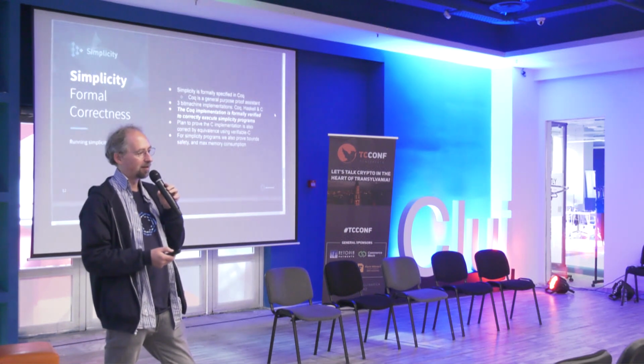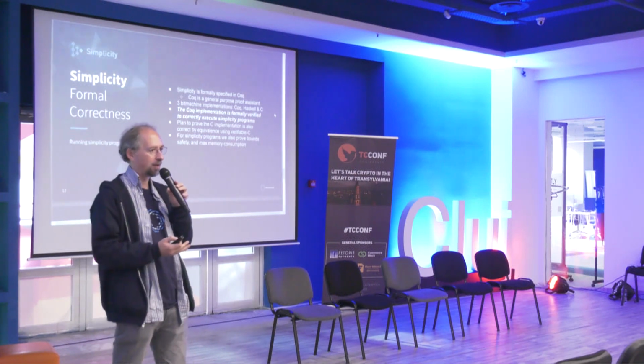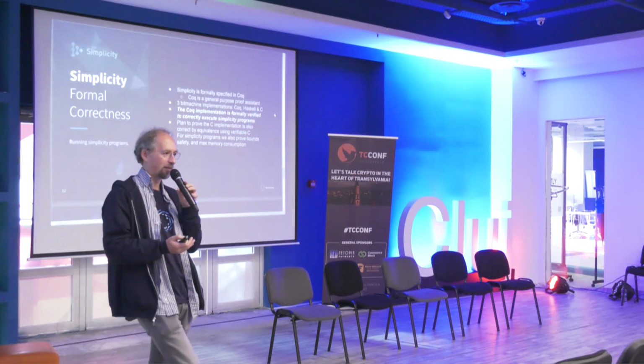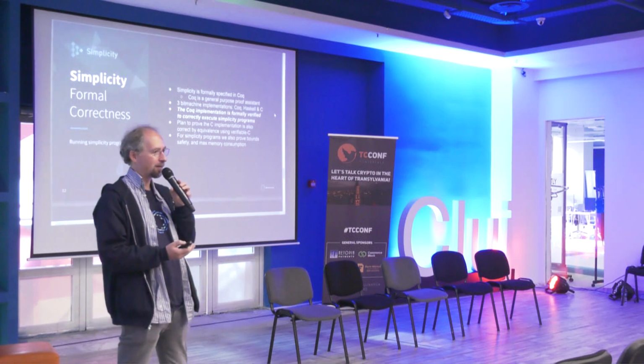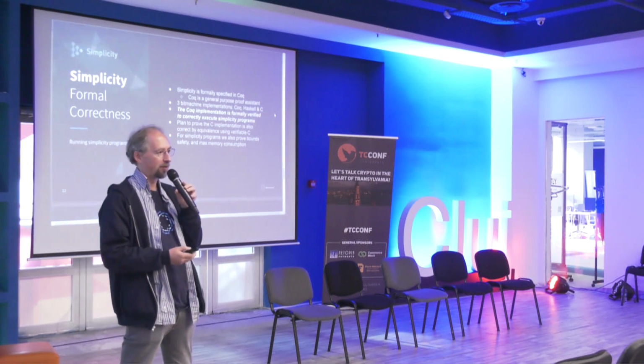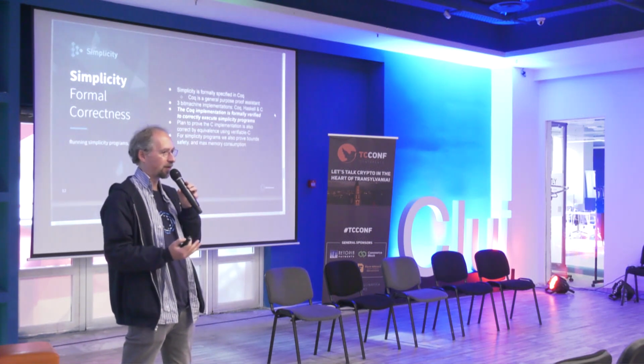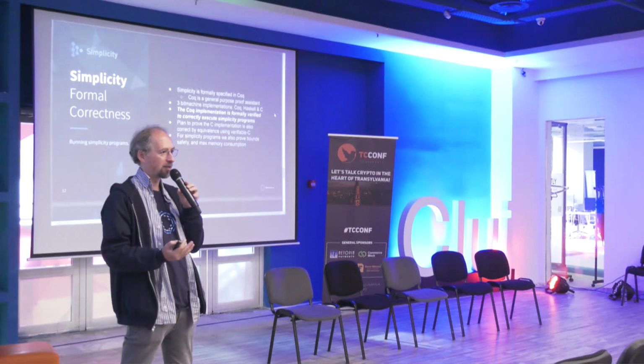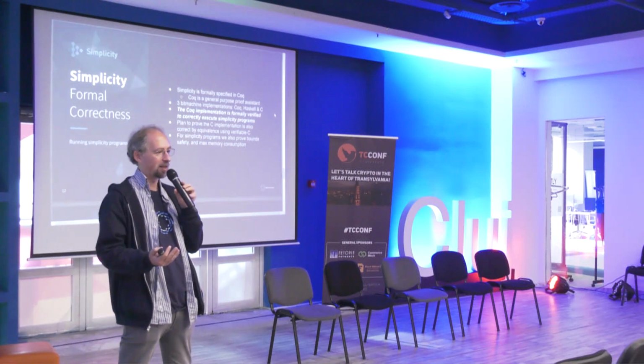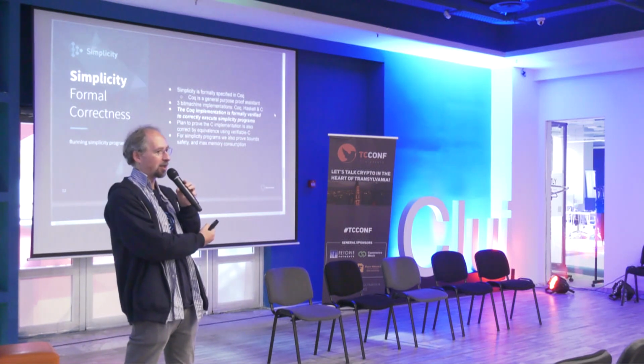There is a subset of C called Verifiable C, a project originally by researchers at Princeton, which is an actively maintained project that helps you prove things about this simplified subset of C. And so we can prove that the Simplicity interpreter written in C is equivalent to the Simplicity interpreter.